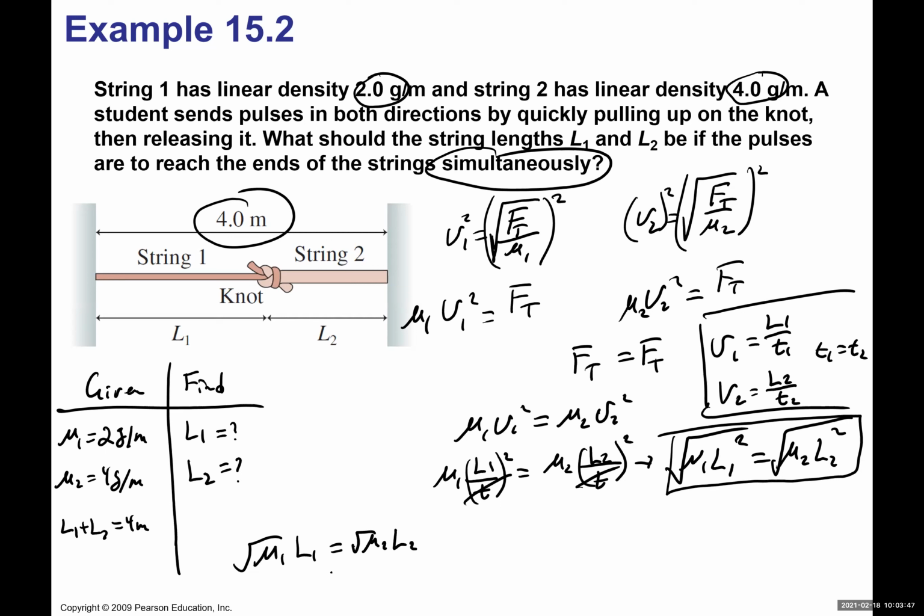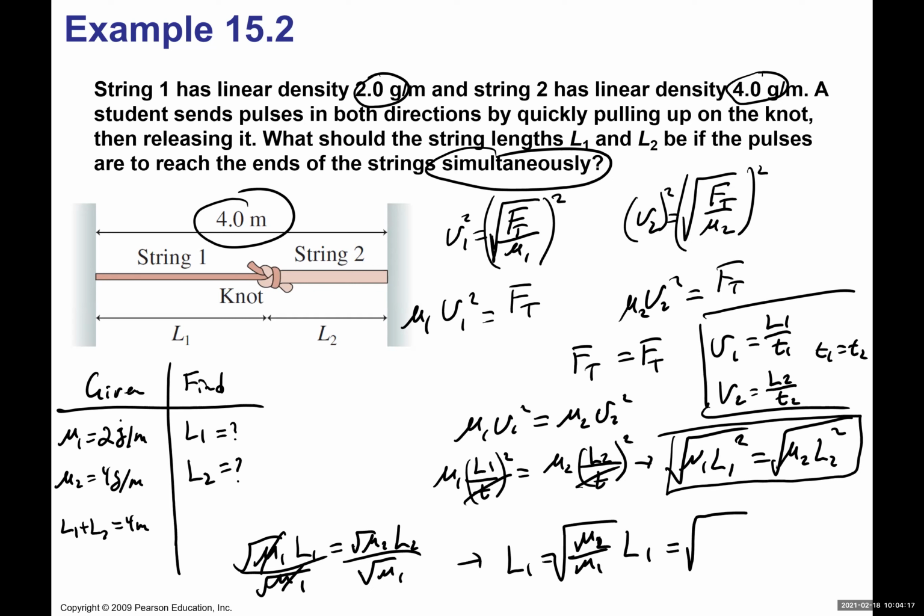Then I divide both sides by the square root of mu1. That means L1 is equal to the square root of mu2 over mu1 times L2.